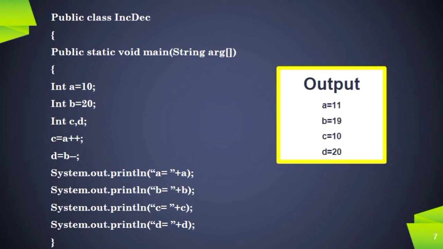D is equal to b minus minus. It is a decrement operator and the value was 19. The second time when it is initialized, the value stays constant. So d is 20. The output goes like this: a is equal to 11, b is equal to 19, c is equal to 20 and the last one, d is equal to 20.